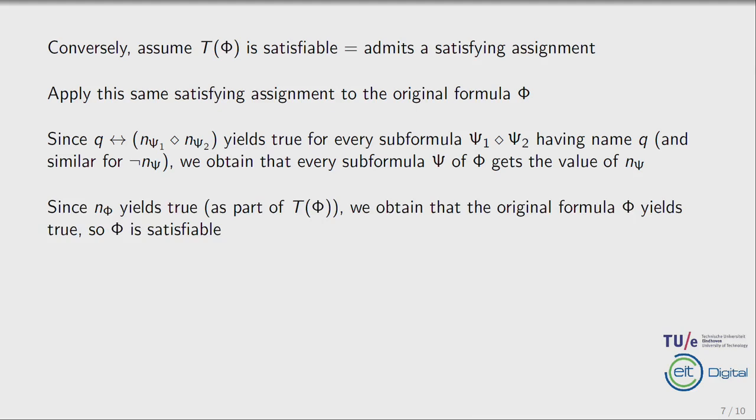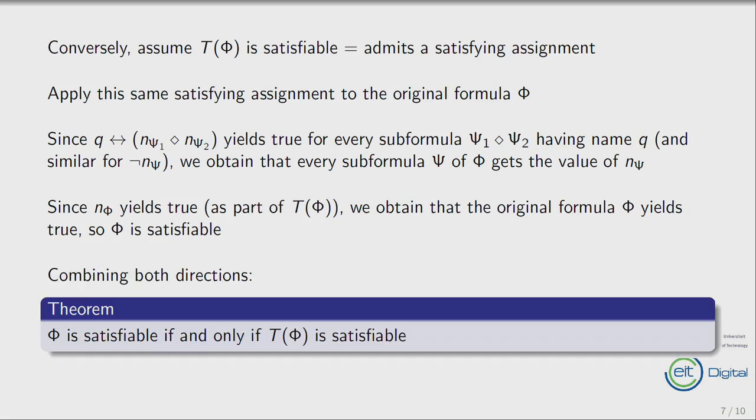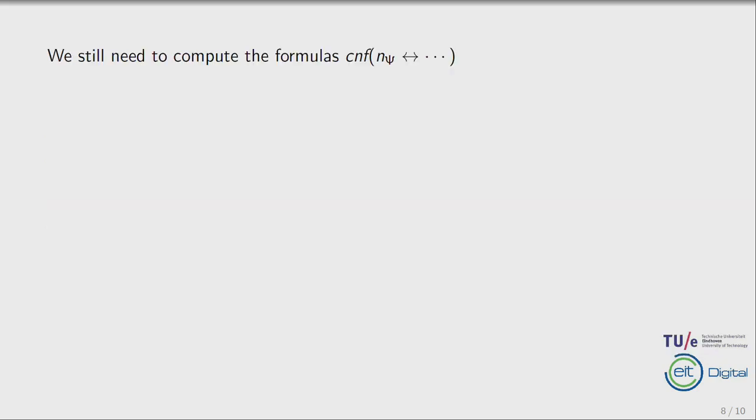And since n(φ) yields true as part of the Tseitin transformation, we obtain that the whole formula φ yields true, so φ is satisfiable. Combining both directions, we get that φ is satisfiable if and only if Tφ is satisfiable.